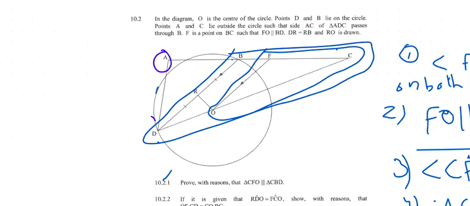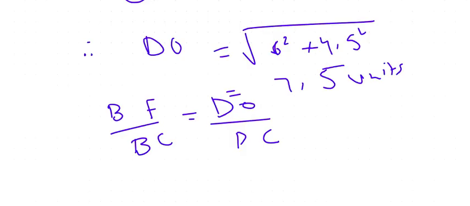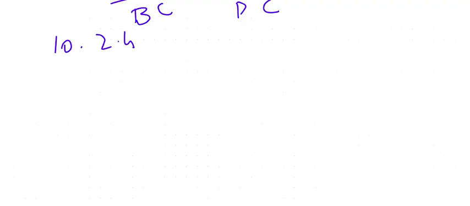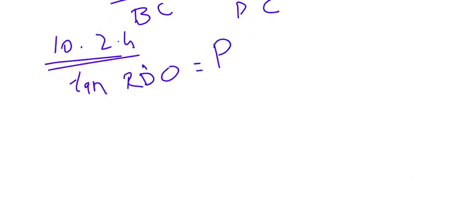We have 10.2.4. tan RDO equals RO by RD, so it equals 4.5 by 6, which equals 3 by 4.